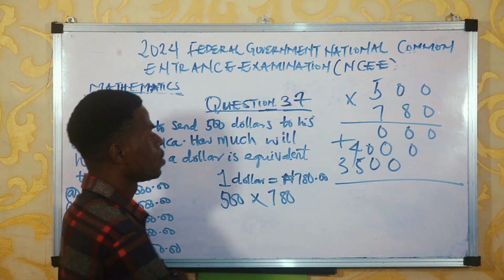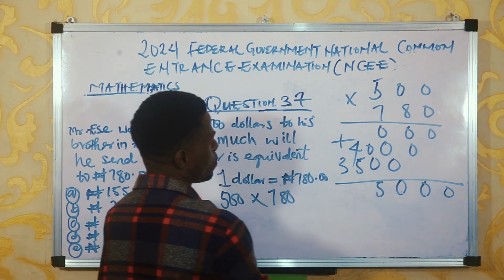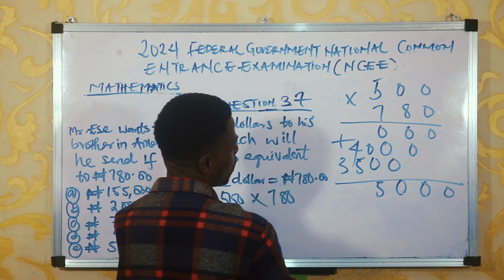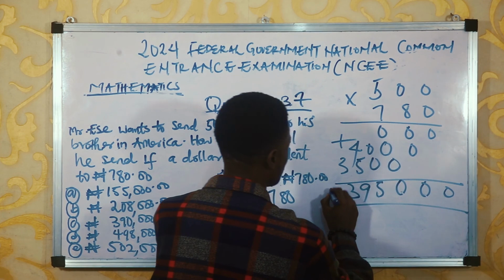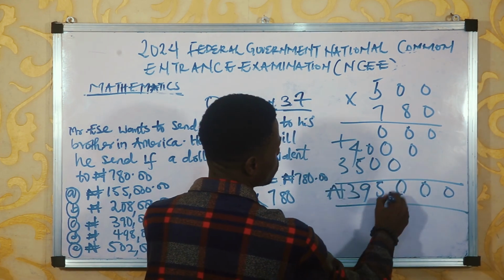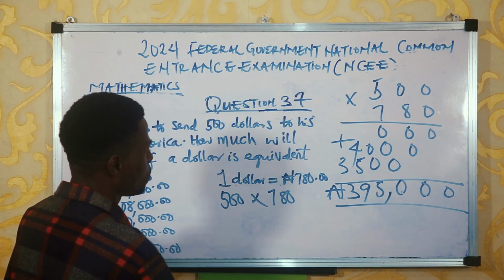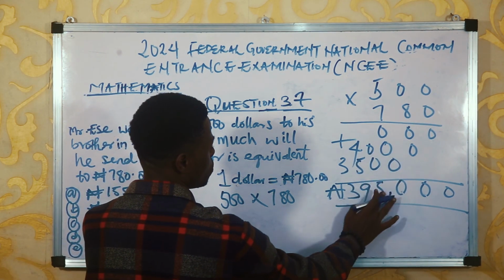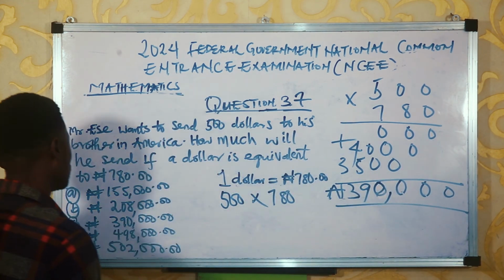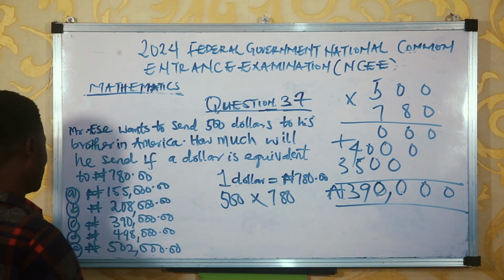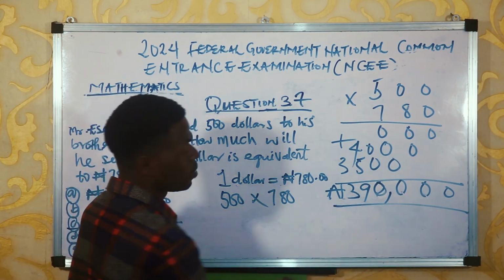We have 0, 0, 0, 5. Then 4 plus 5 gives us 9, and we have 3. Sorry, this place is 0 plus 0 gives us 0. Take note of that. So the total amount Mr. Eze will send to his brother is 390,000, which is option C. So that's the answer.